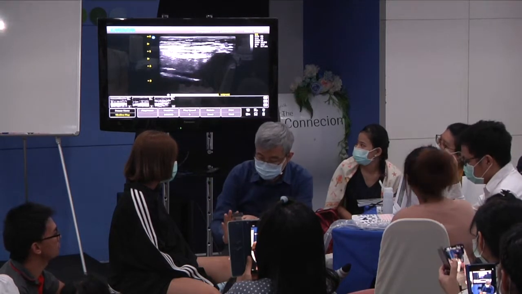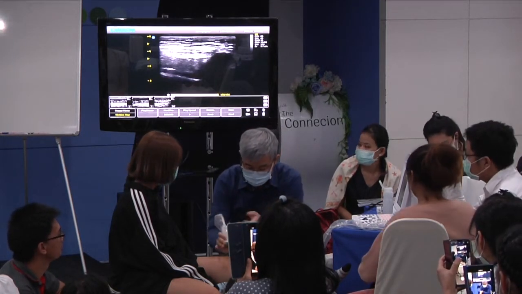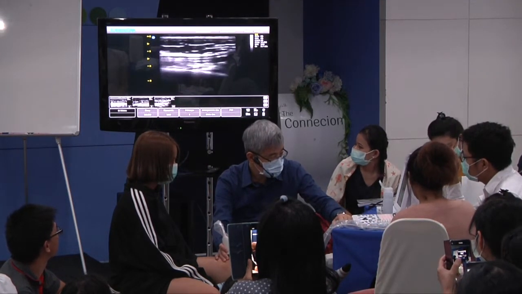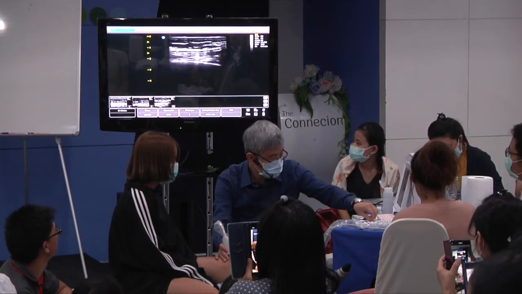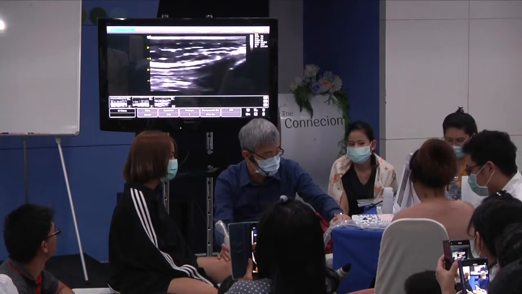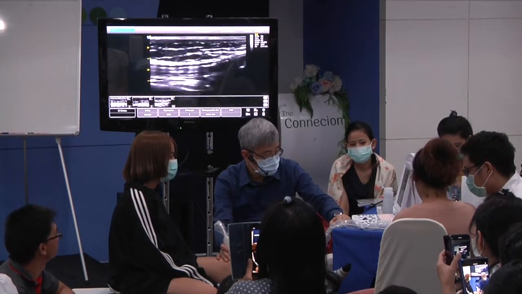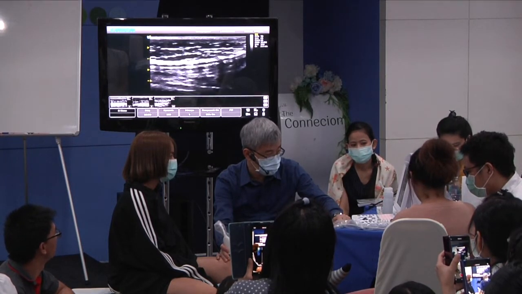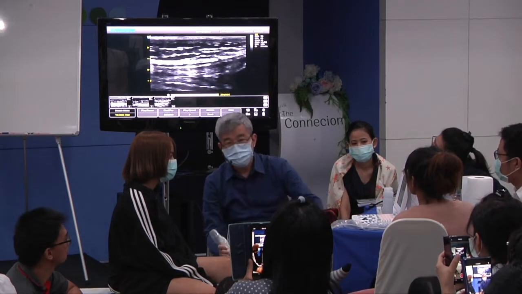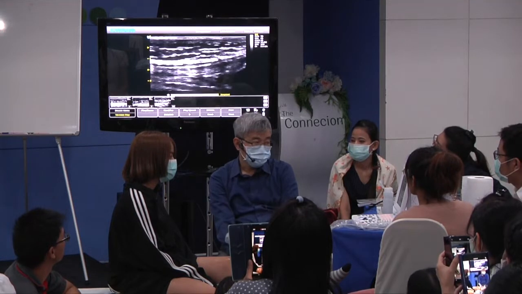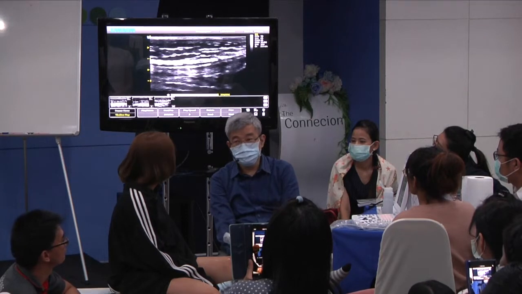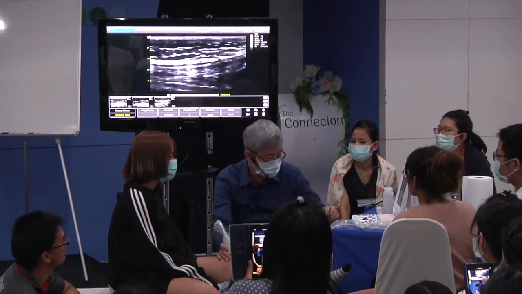If you look at this view and tell me you are looking at the quadriceps tendon, that's okay. But what's wrong with this imaging? The focus is not adjusted.